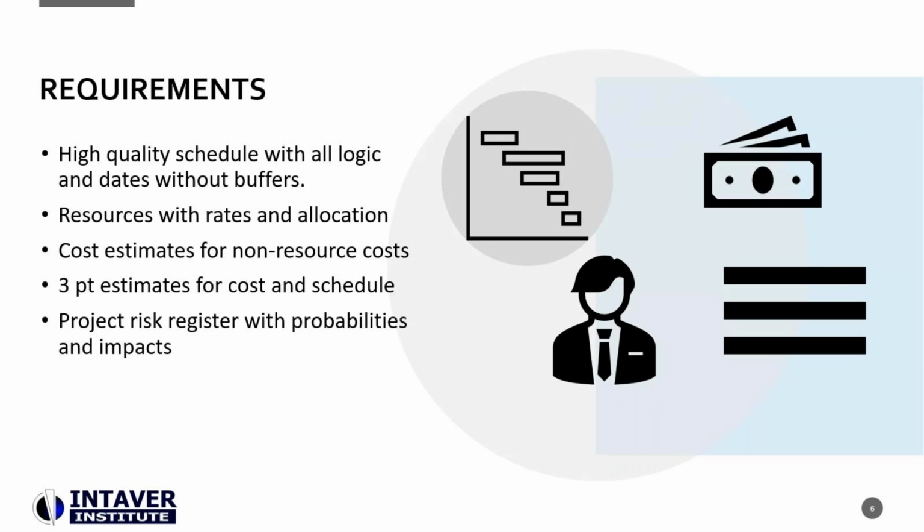And 3-point estimates for cost and schedule. In a project, you'll face two types of risk, or uncertainty. You'll have natural variance, which we model with 3-point estimates and a statistical distribution. And then we also have a project risk register where we'll model risk impacts, where we have probability and cost or schedule impacts.